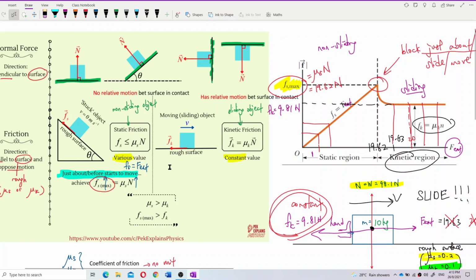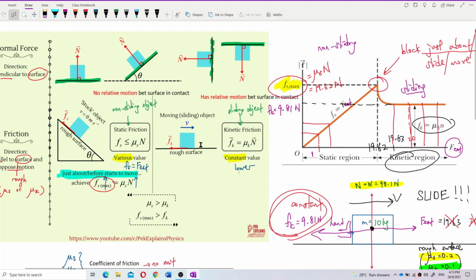After that maximum point, the friction will drop to a constant value, which is also a lower value compared to the maximum static friction.